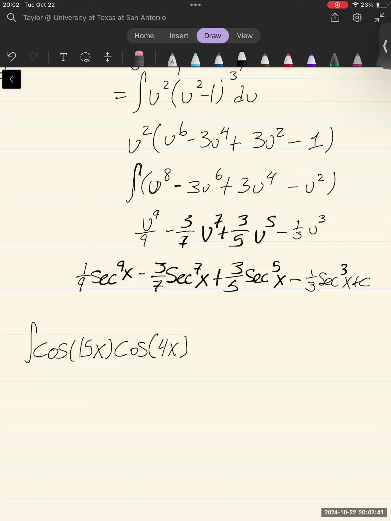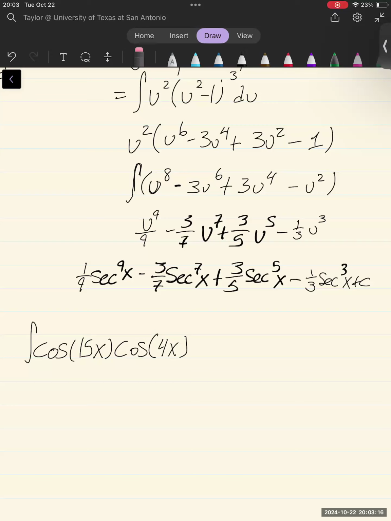Not really. My professor did one where we had to reduce if it's even numbers.